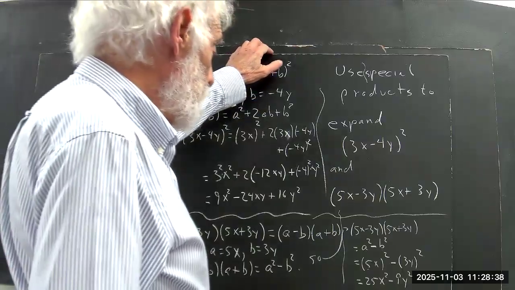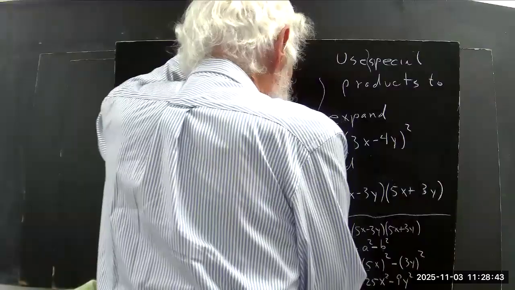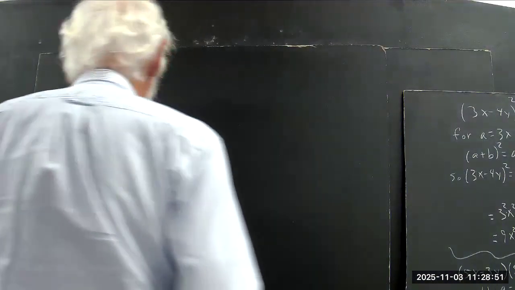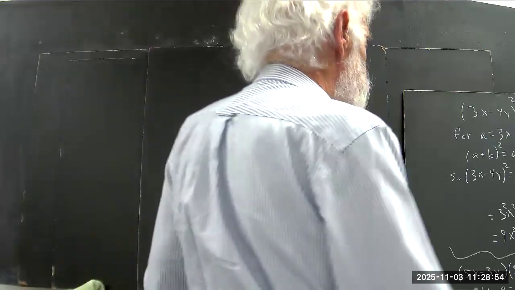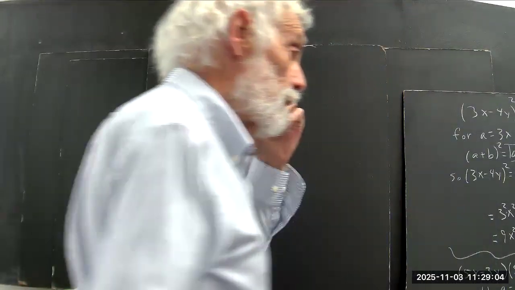So what I want to do now is just ask you to see if you can identify which of the expressions I write up here are of the form a squared plus 2ab plus b squared, or a squared minus b squared.